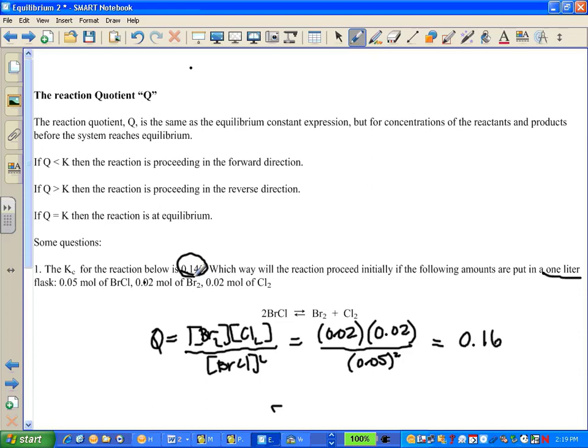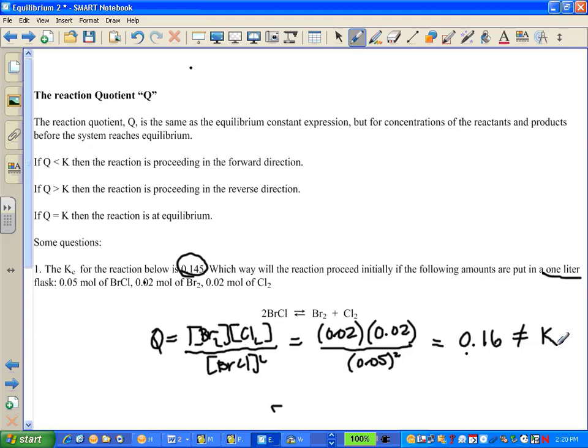If this were a system at equilibrium, the value for the Q would be 0.145, because at equilibrium, the ratio of reactants and products is equal to 0.145. In this case, we know that it's not at equilibrium because the value for Q is not equal to K.